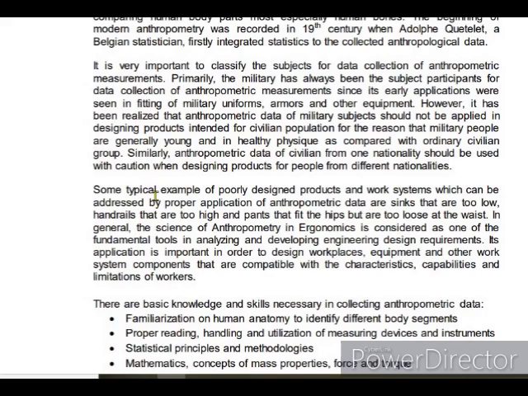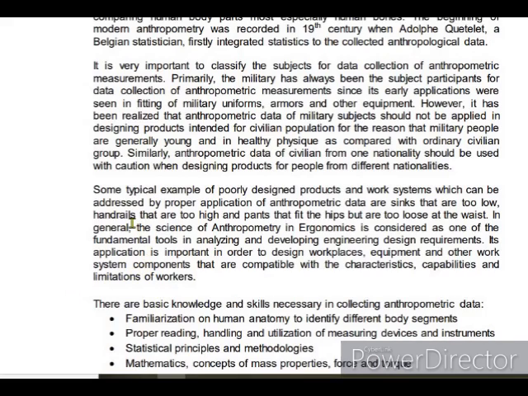So similarly, anthropometric data of civilians from one nationality should be used with caution when designing products for people from different nationalities. It is true again because our body physique as Filipinos is different from the body physique of Western people. So they are more huge than us or bigger than us.